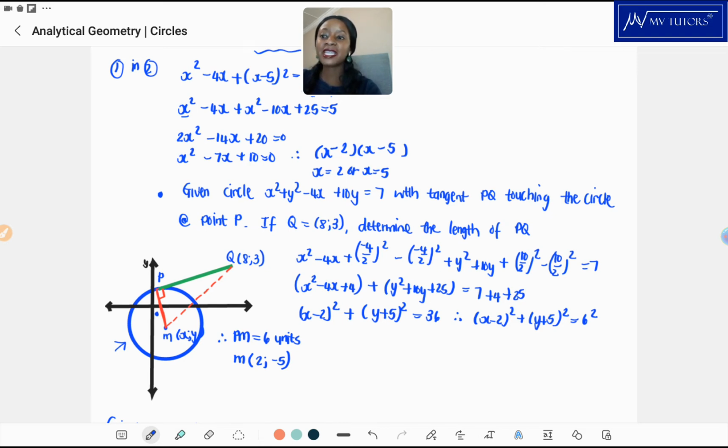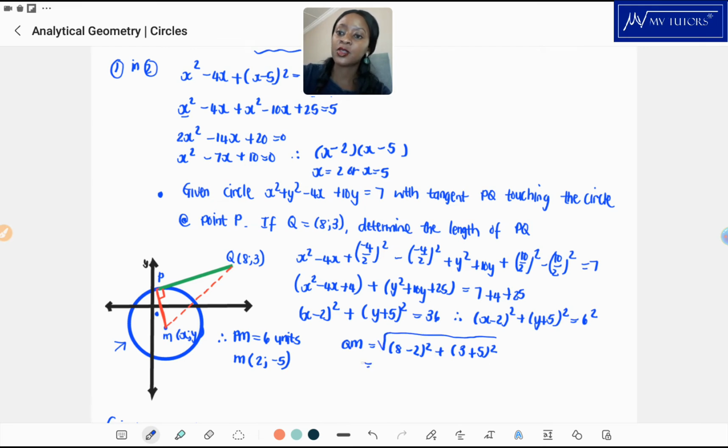Great, I have PM. Now I can get MQ. The distance QM will be the x-coordinate of Q, which is 8, minus the x-coordinate of M, which is 2, squared. The y-coordinate of Q is 3 and of M is minus 5, so minus minus gives a plus, squared, all under the square root.